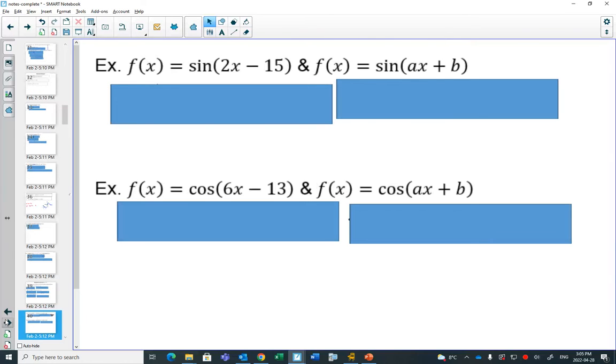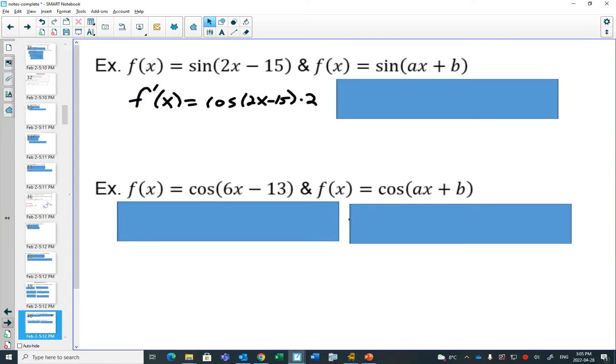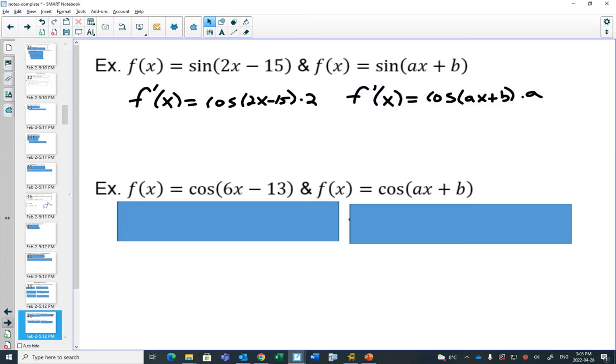Okay? If you have ax plus b inside of sine, if you did the derivative of your outside function, keep the inside the same, and then you'd have to multiply by 2. So if you had anything inside, it'd be the derivative of the outside function, you'd keep the ax plus b, and you'd have to multiply by a.